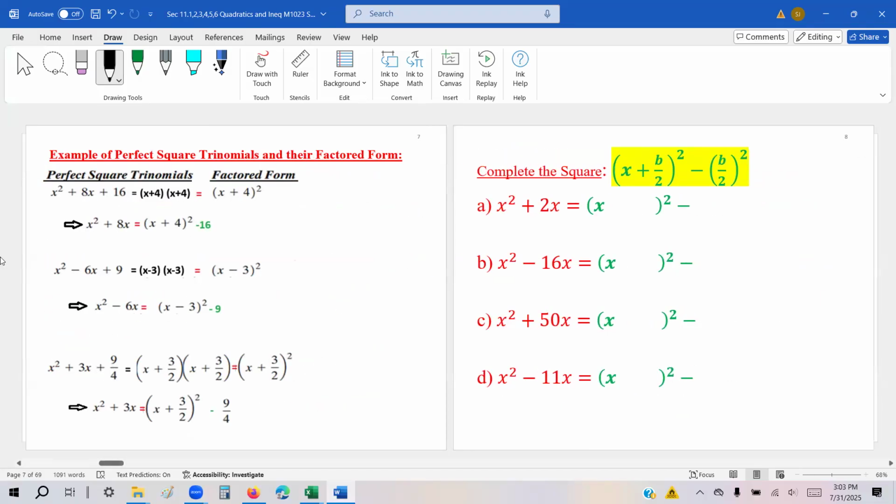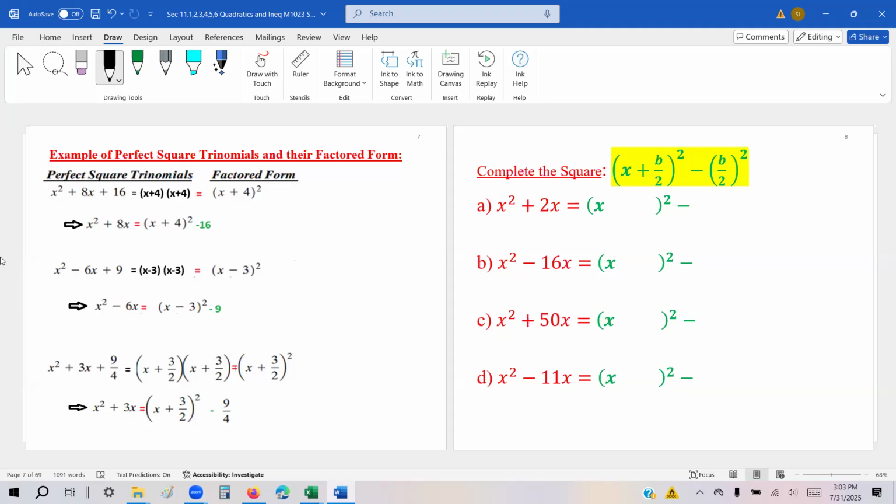What do you prefer? Factor. If it's factorable, always factor first. If something is not factorable, you have to complete the square, or you can use the quadratic formula. Completing the square is actually shorter.